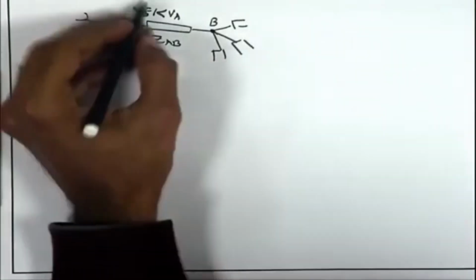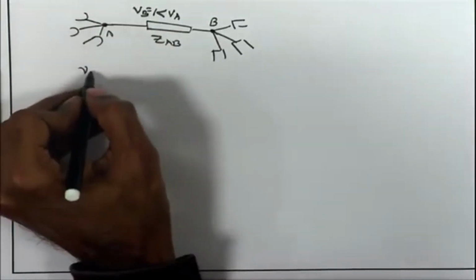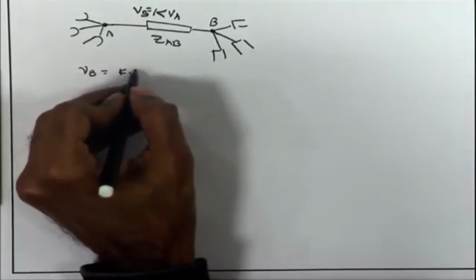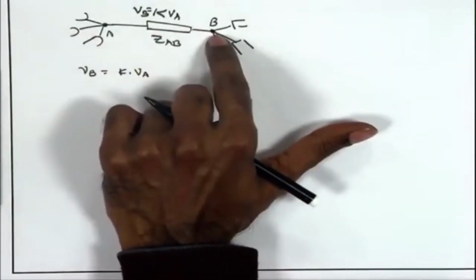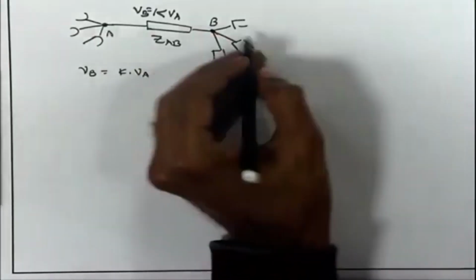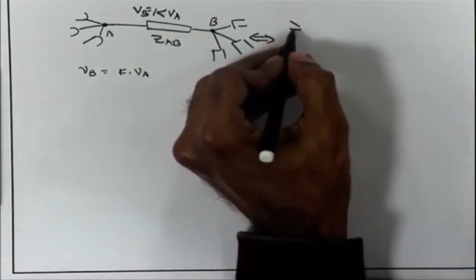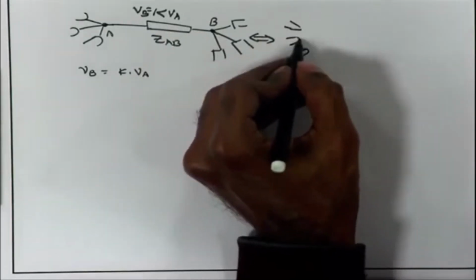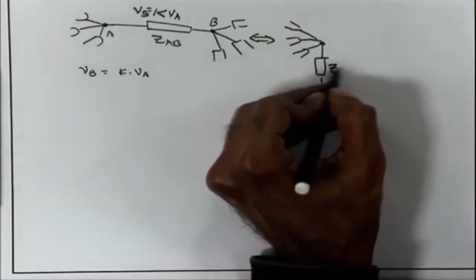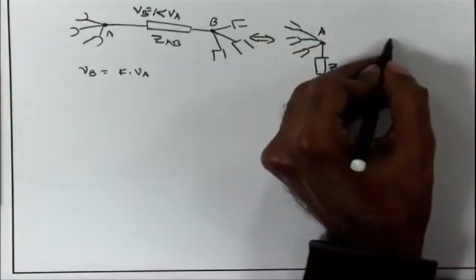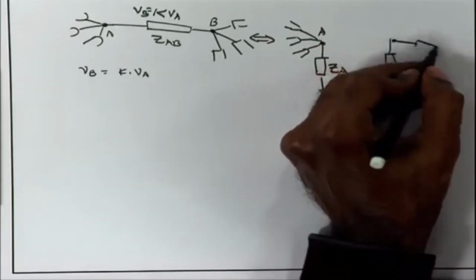So, there is a voltage gain from the node A to node B, and under those conditions we can decompose this ZAB into an equivalent ZA connected between the node A and ground, and likewise equivalent ZB connected between the node B and ground.